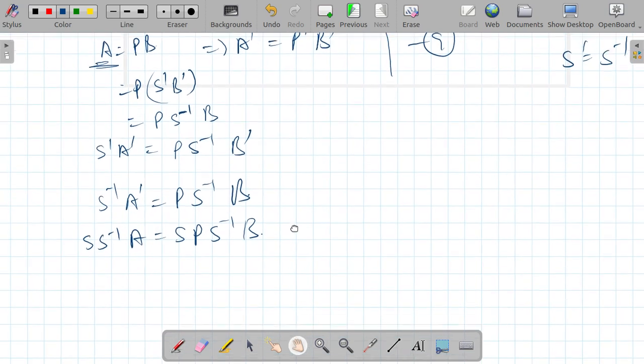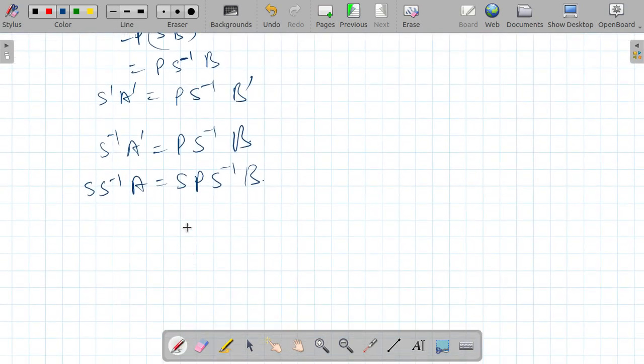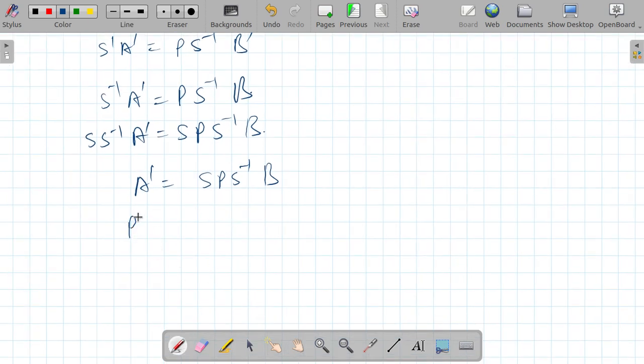So it means this A prime can be written as S P S inverse B, and this A prime is equal to P prime B prime, which is equal to S P S inverse B. And the prime is here, so I missed it somewhere.